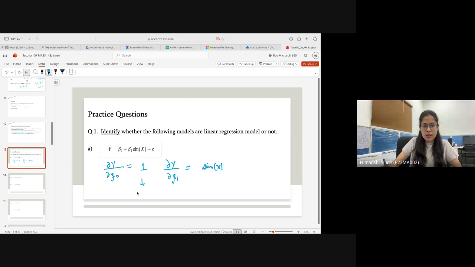So both are independent of the parameters. Hence, it is a linear regression model.